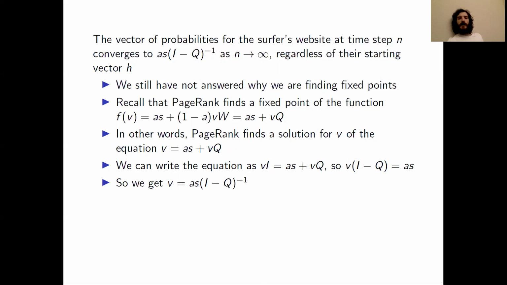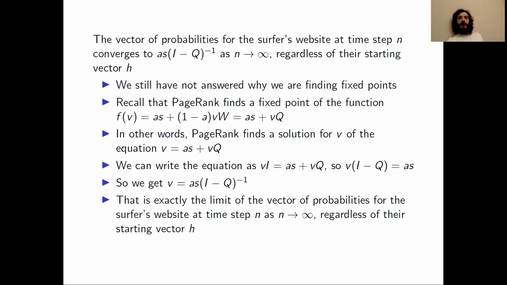And we can note that this is the same vector that we see at the top of the slide. So this fixed point of the function f is the same as the vector of probabilities for the surfer's website at time step n as n goes to infinity. So the fixed point that we're finding is just the limit of the vector of probabilities.